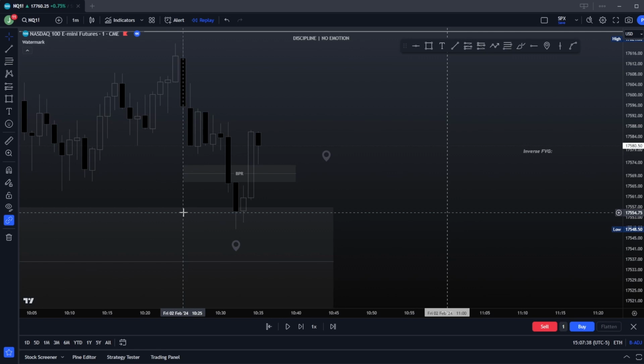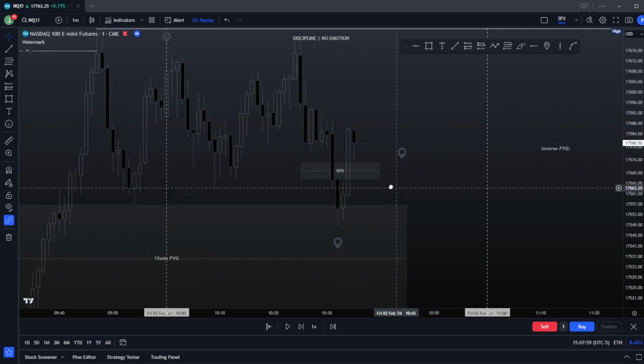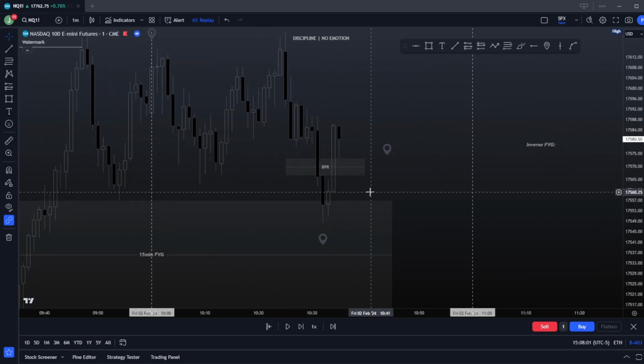Yes, exactly. And that's what you look for when you look for a reaction off of a fair value gap like this 15-minute, or just a reaction in price overall. If you have an order block or a breaker block, these reactions are so good.